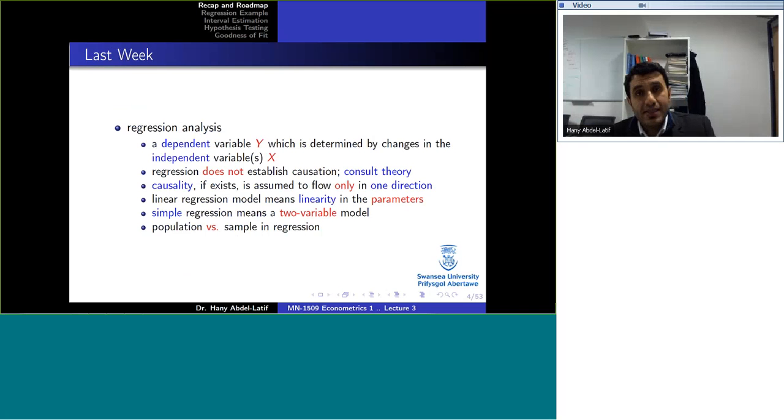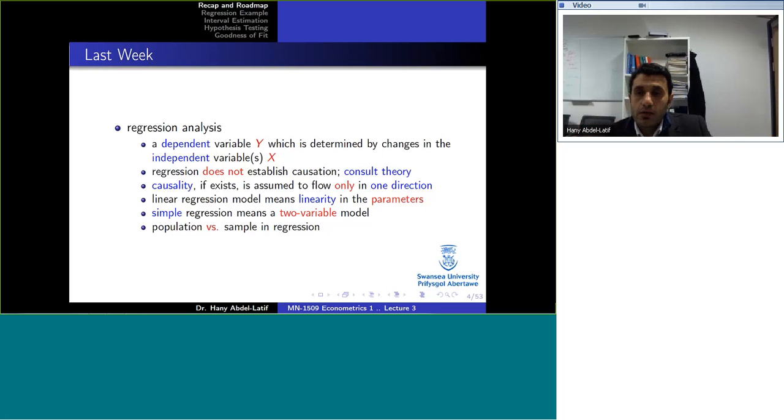And we learned that regression does not establish causation, and if you need to decide which variable is the independent and which variable is the dependent, you will need to rely on theoretical consideration. Also, if causality exists between the two variables, as long as we have a single equation model where we have only one equation, that means causality will flow only in one direction, and we explained that this will happen from x to y, from the independent variable to the dependent variable.